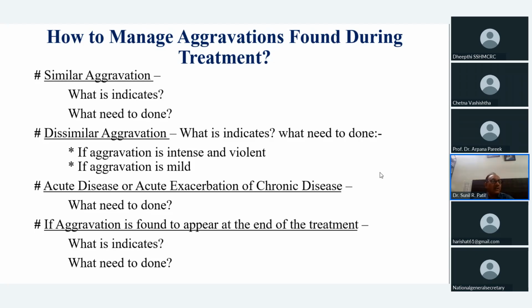The similar aggravation refers to an intensification of the existing symptoms. It means only that the symptom upon which the remedy was selected has aggravated. Such aggravations are the result of too large doses.